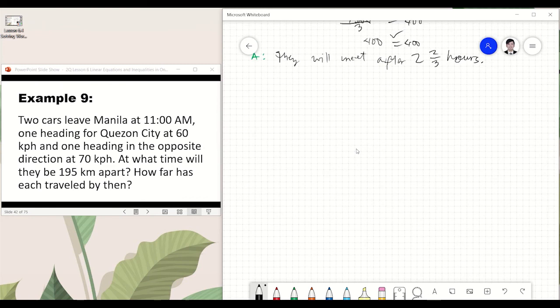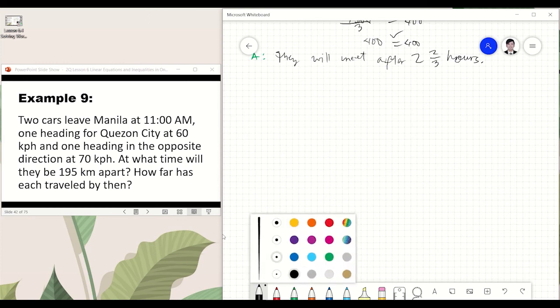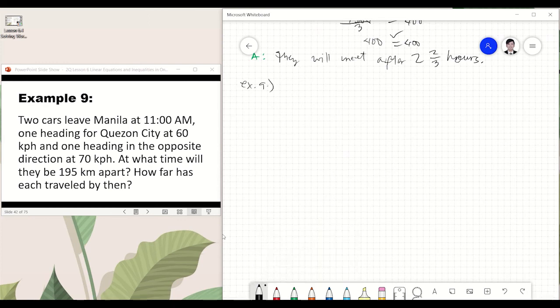Okay. So as I said, very helpful kung meron tayong diagram or illustration. So let's start with a diagram. So take note, meron tayong dalawang cars. So let's say we have car A at saka car B. So they start at the same point, but then again, this is Manila.